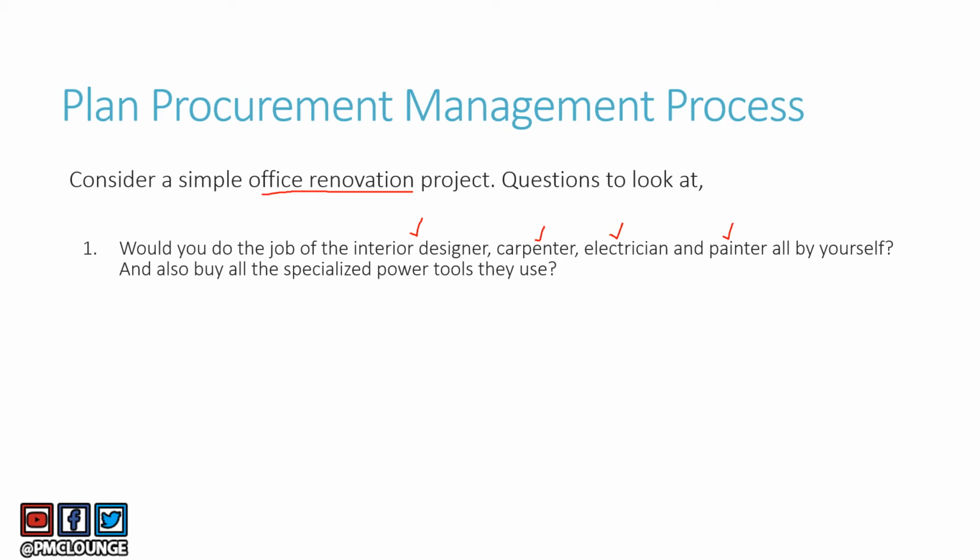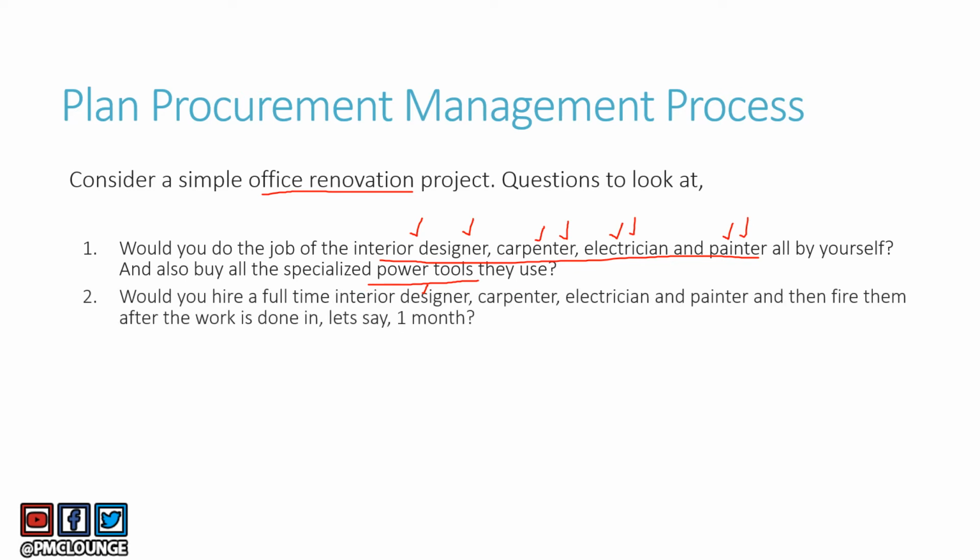Are you going to do the job of these specialists yourself? If you do so, you also need to buy the power tools that these people use. So are you willing to invest in the power tools as well as learning, getting trained on all these jobs? I don't think so. I don't think that's a wise decision to do something like this.